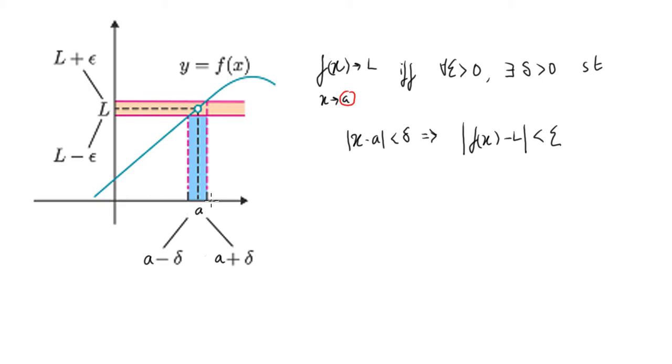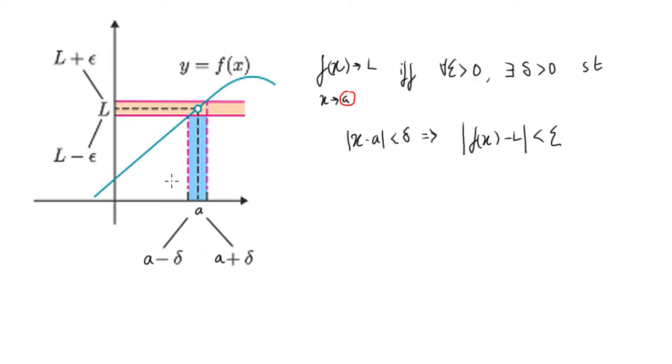If you go over to the schematic here, this is a, and you can be a plus delta away or a minus delta away. So a distance of something smaller than delta in either direction away from a will correspond to another small distance epsilon away from L, in either direction as well.